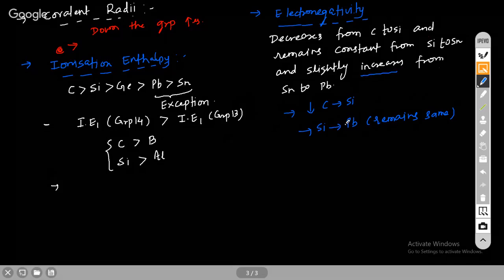In some books they have written this, and in some books they have written that, so you can consider any one of these according to the given option. Again, the reason is the same: the filling of d electrons in germanium and tin, and in lead we have f electrons also and d electrons also. That is the reason we have here.